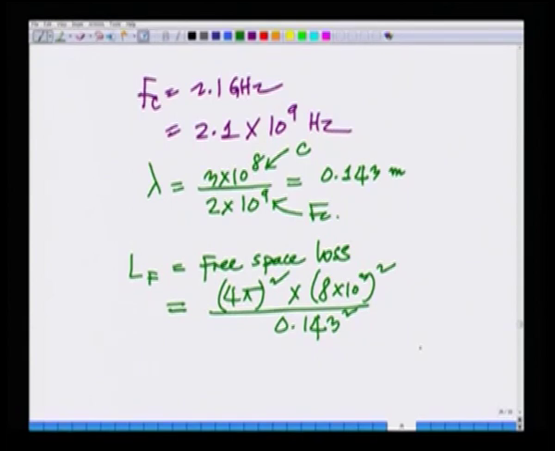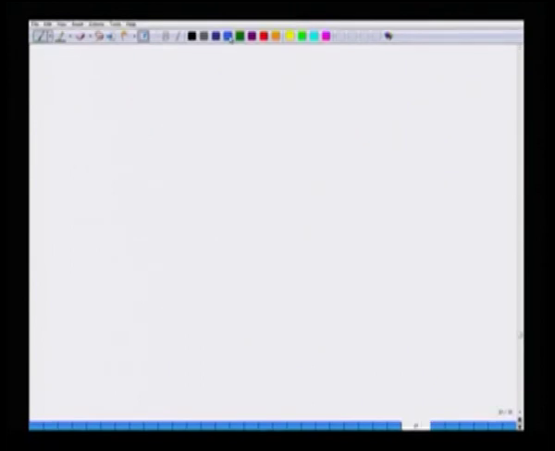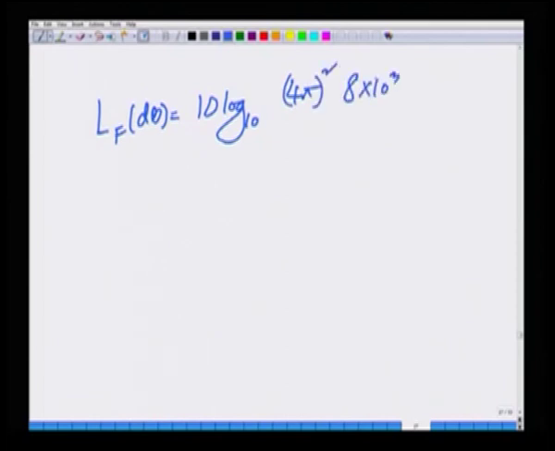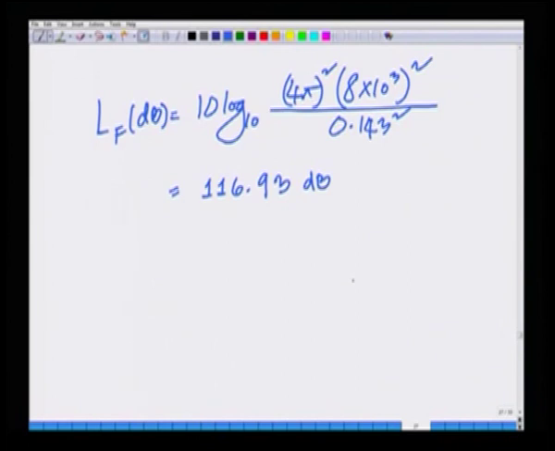In dB, L f in dB is 10 log 10 of 4 pi square into 8 into 10 power 3 square divided by 0.143 square, which equals 116.93 dB, which is essentially 117 dB.